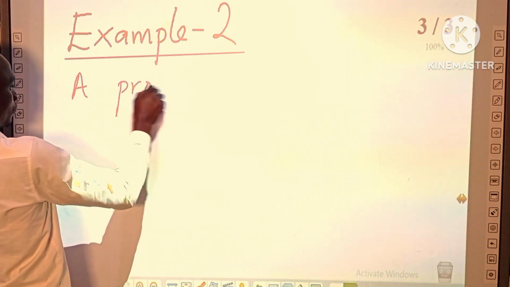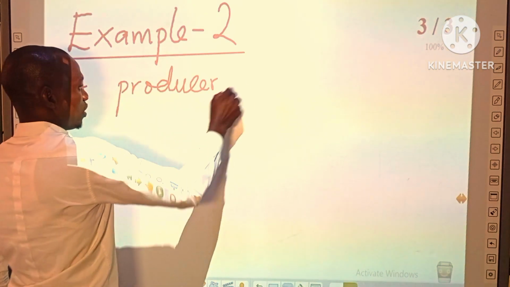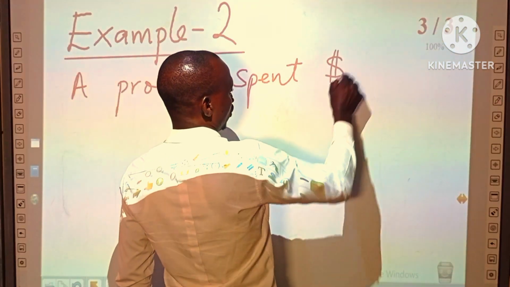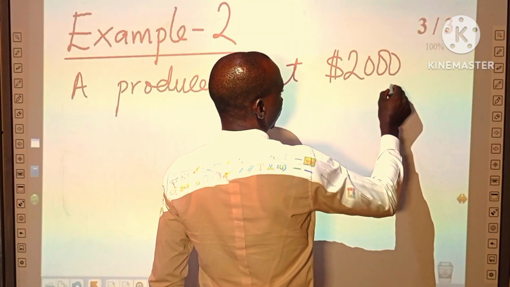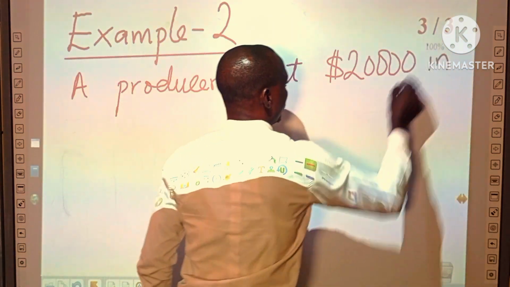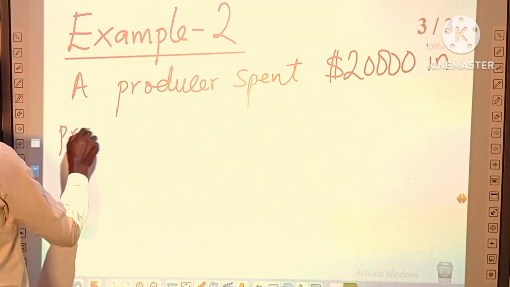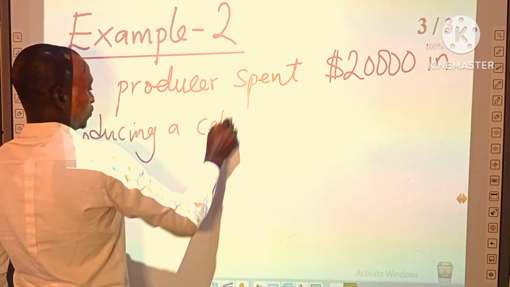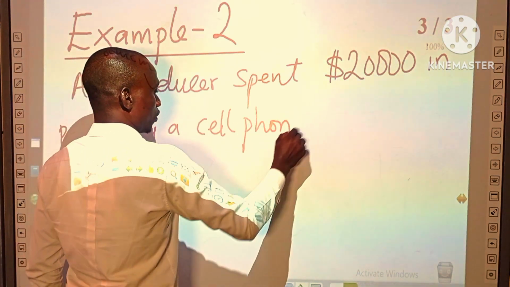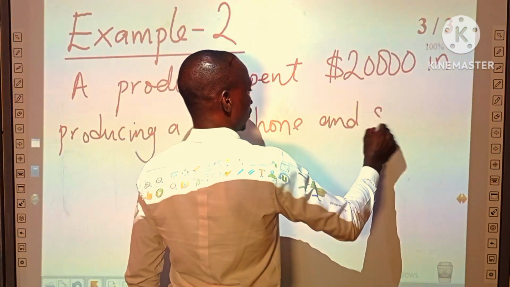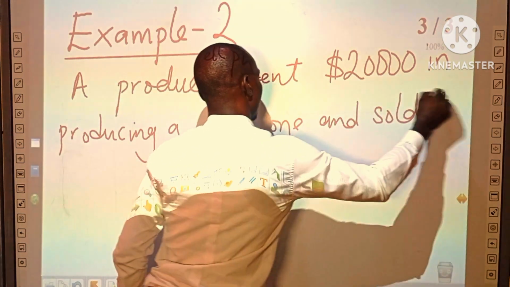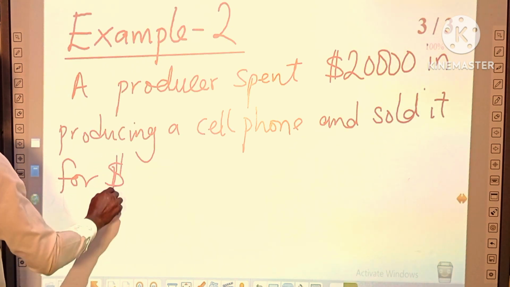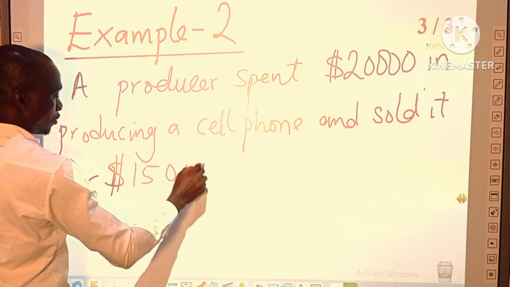A producer spent $20,000 in producing a cell phone and sold it for $15,000.